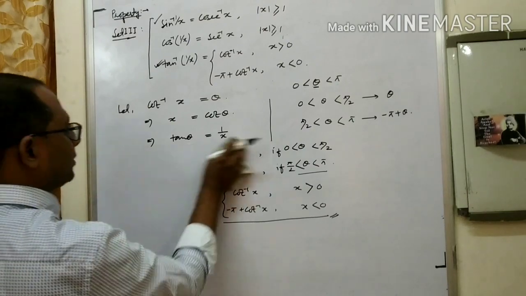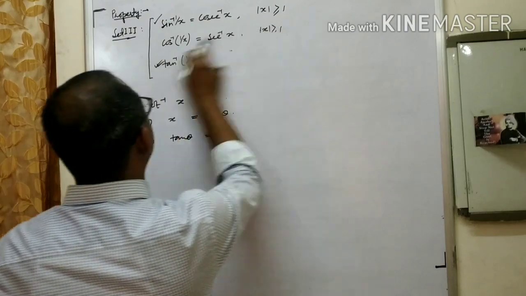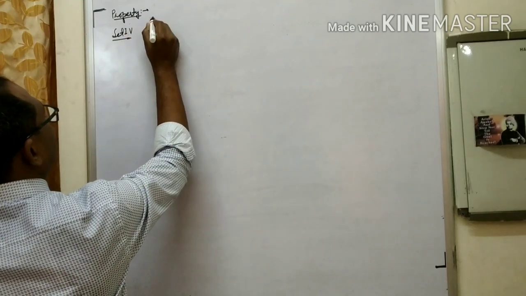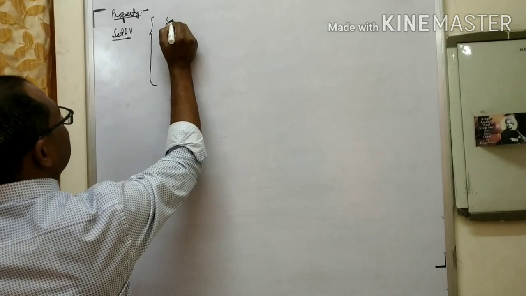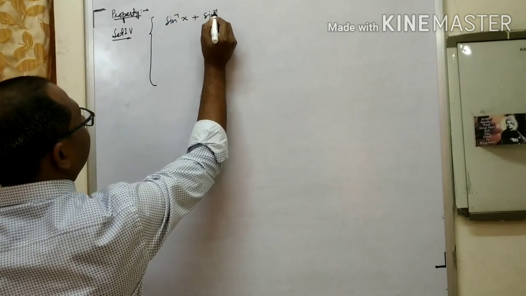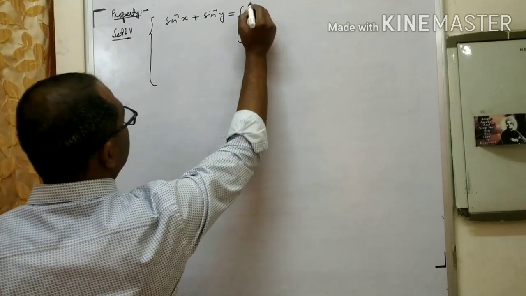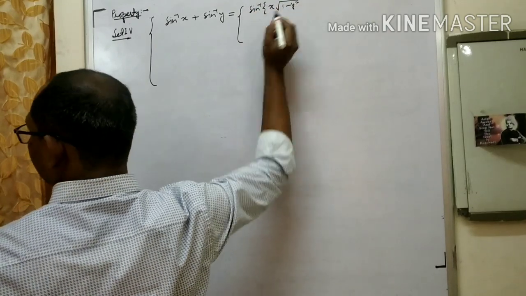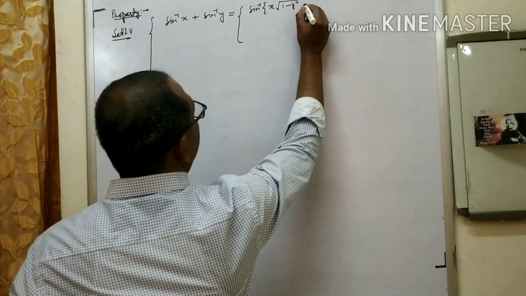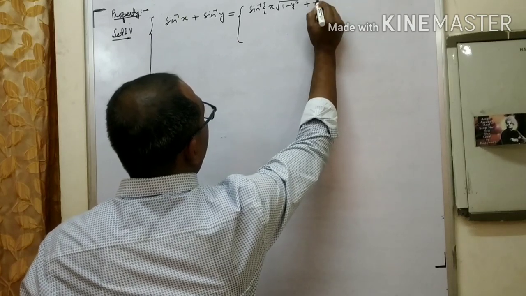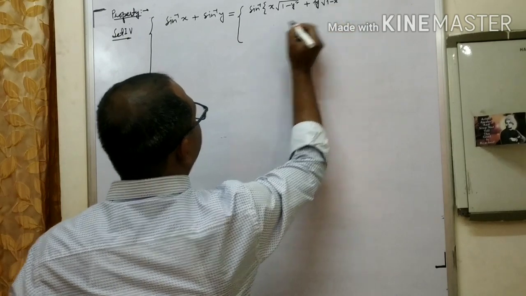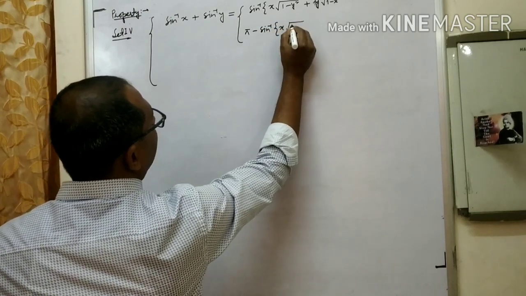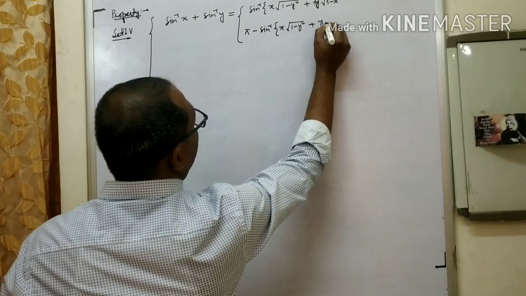So I am going for the next set of properties. This says sin inverse of x plus sin inverse of y is equal to, again it will have two values: sin inverse of x root over 1 minus y square plus y root over 1 minus x square, and pi minus sin inverse of x root over 1 minus y square plus y root over 1 minus x square.